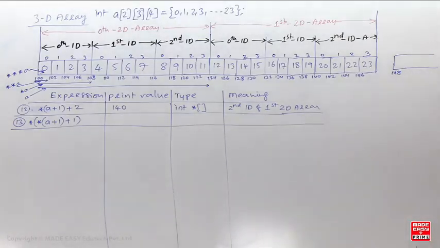Arun Negi, wrong answer. Ravish, wrong answer. Some students are still confusing. I really don't understand why. What is the problem? Slowly you do that.